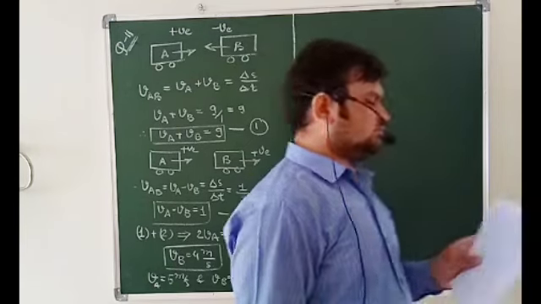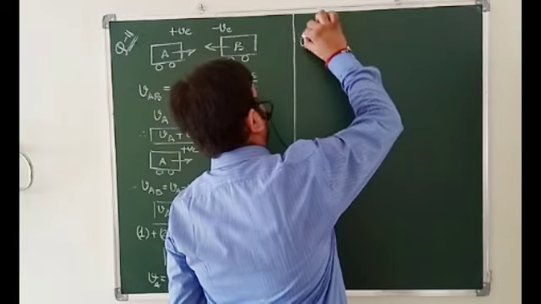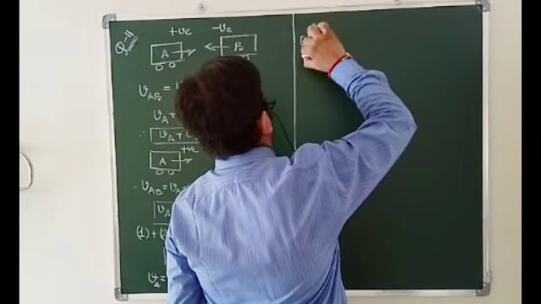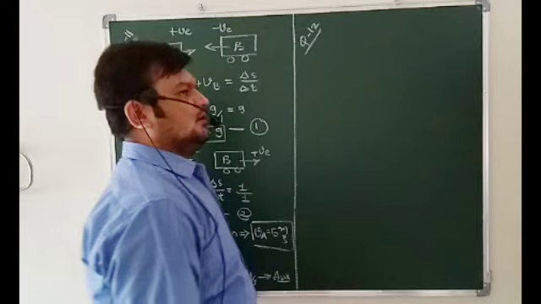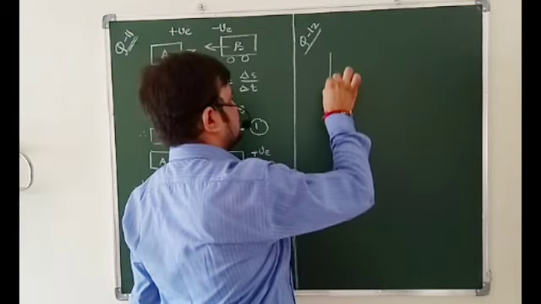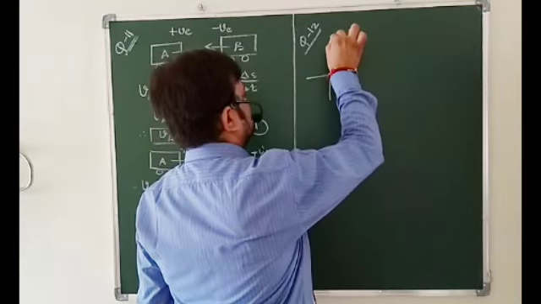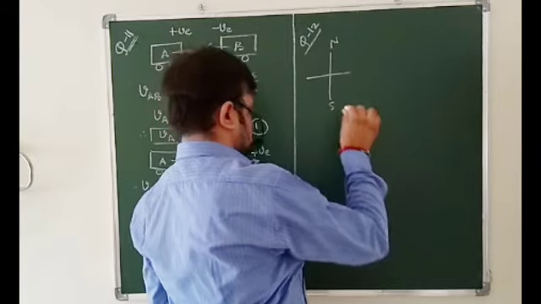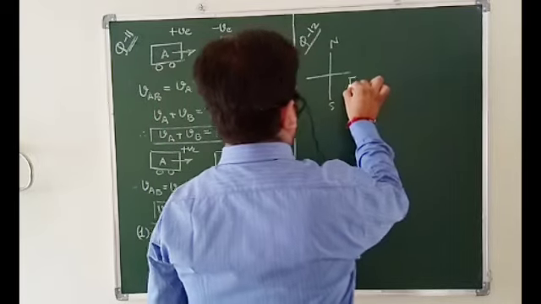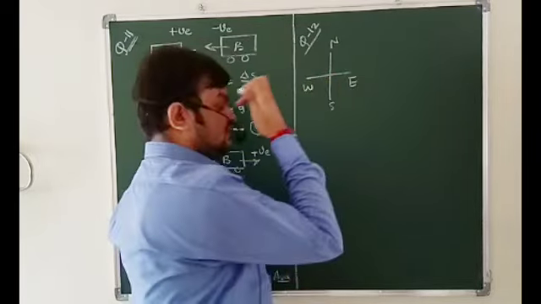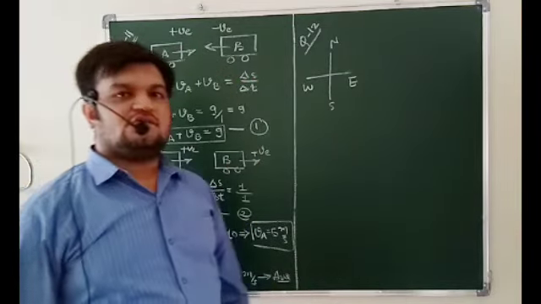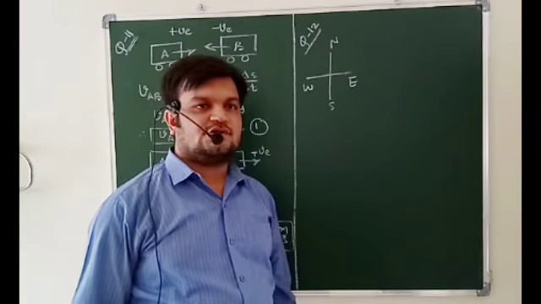So here first is the sign convention of the direction, that is north, south, east and west. This is the standard sign convention of the direction system.